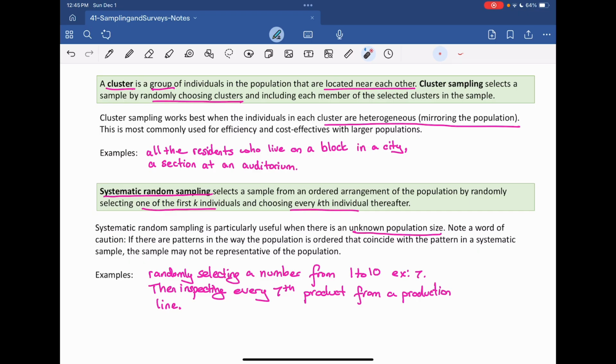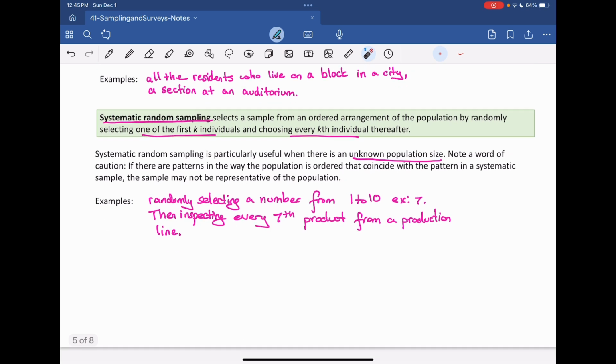Or a section at an auditorium. If students are sitting in mixed groups, for example, and you just take one section of the auditorium, as long as within each section there's a mixture of 9th, 10th, 11th, 12th graders, then you'd be doing cluster sampling.